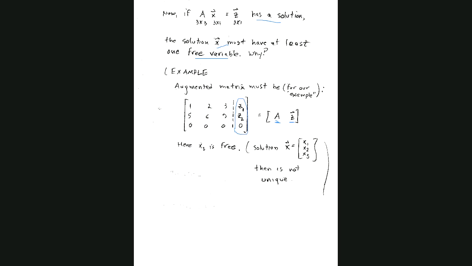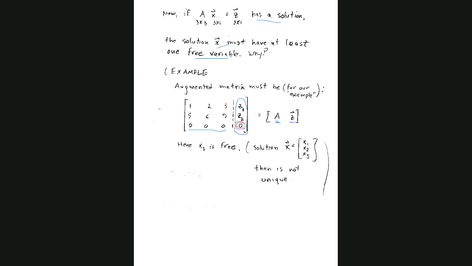But being that the matrix A had 3 zeros for its last row, the only way the system of equations is going to have a solution is if the vector Z, that vector of constants, has a 0 also as its last entry.